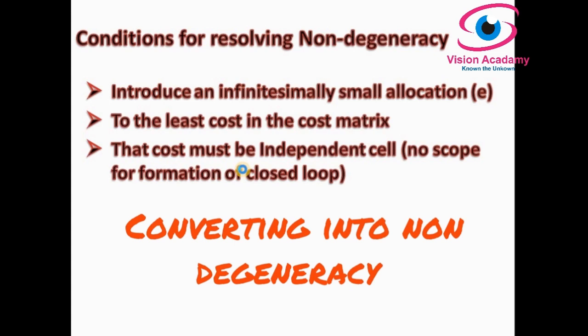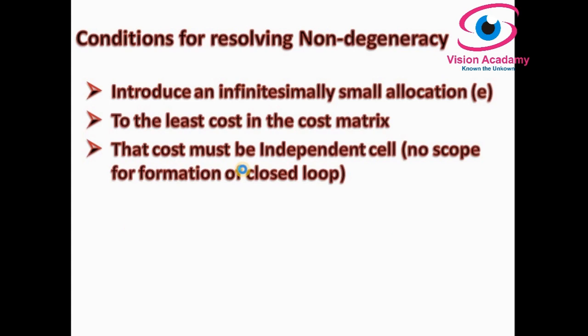It may happen sometimes that the number of occupied cells is less than m plus n minus 1. Such a solution is called a degenerate solution. We handle such a situation by introducing an infinitesimally small allocation. That allocation is E. Let us see how to tackle this degeneracy problem.